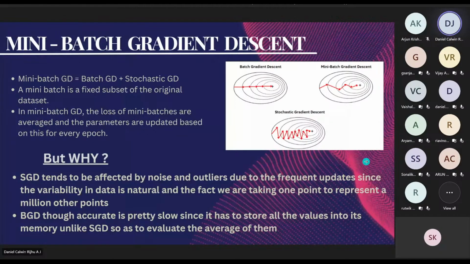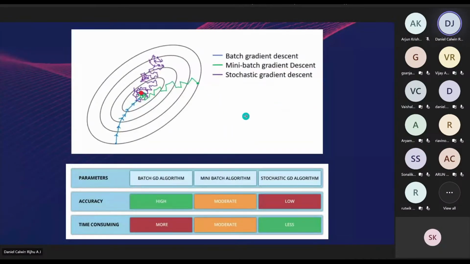So this will be the plot for all three of the gradient descents. The blue colored one over here is obviously going to be batch gradient descent, as it doesn't have any random fluctuations in it, because we have taken a more representable form of data compared to SGD. And the purple one here is going to be SGD.